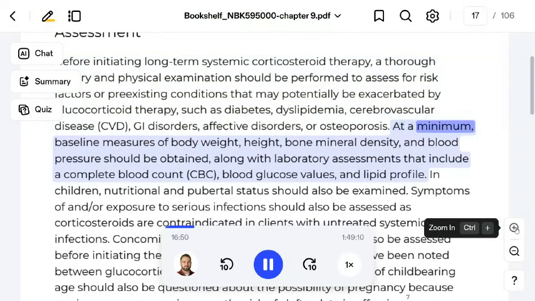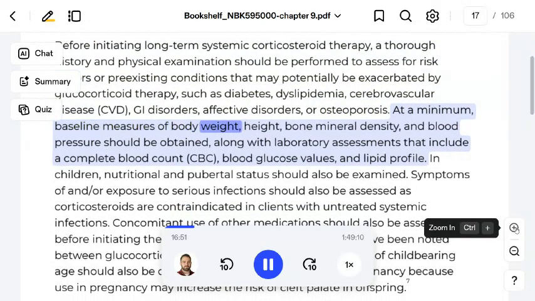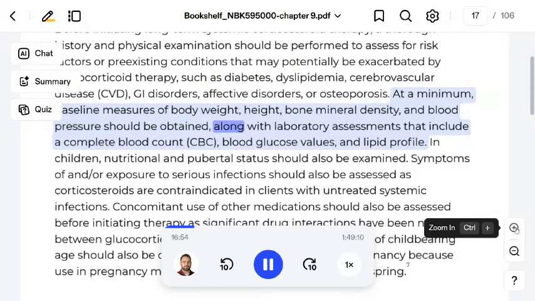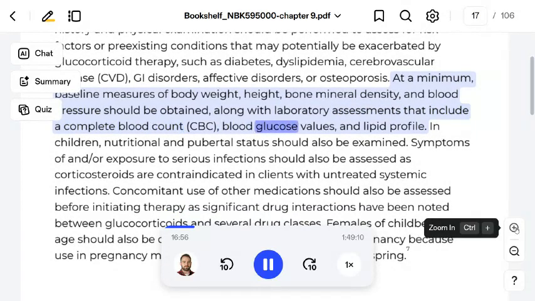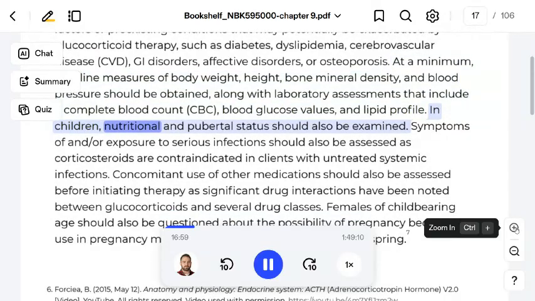At a minimum, baseline measures of body weight, height, bone mineral density, and blood pressure should be obtained, along with laboratory assessments that include a complete blood count, blood glucose values, and lipid profile. In children, nutritional and pubertal status should also be examined.